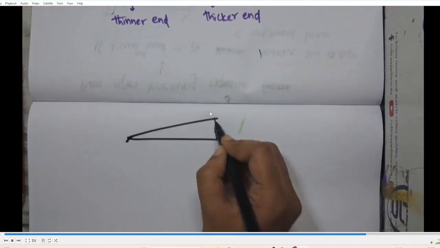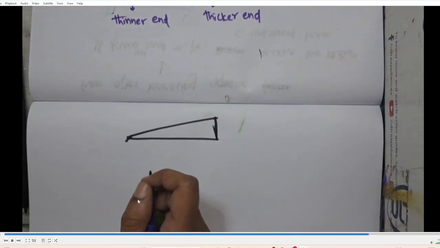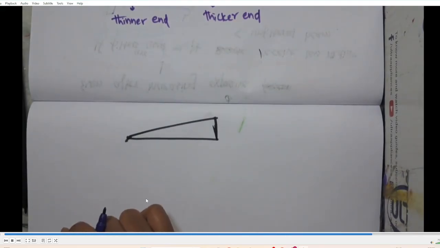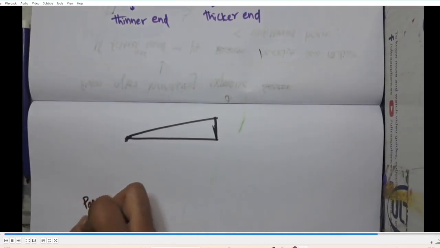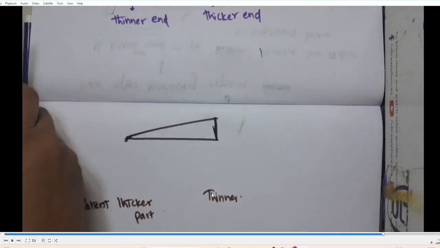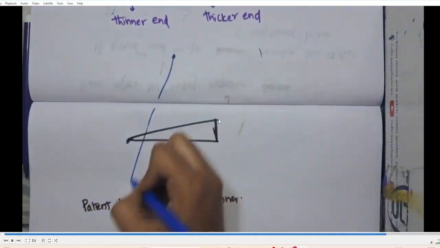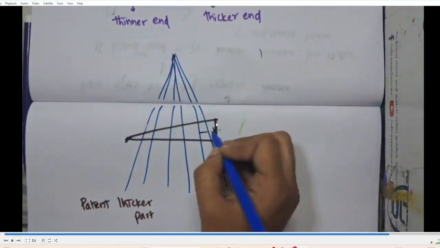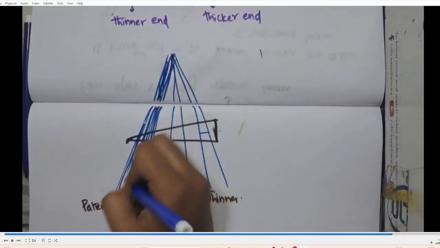The patient is placed below the wedge filter, with the thicker end towards the thinner part of the wedge filter and the thinner end towards the thicker part of the wedge filter. This wedge will compensate the difference.